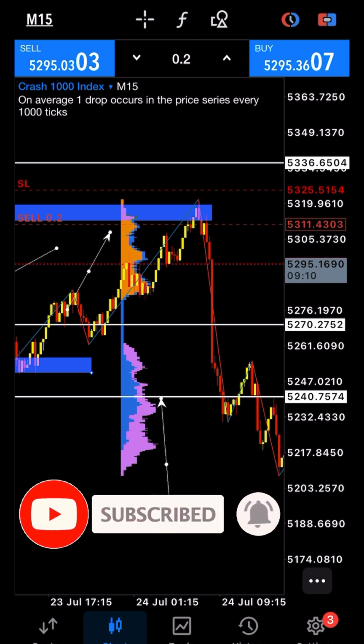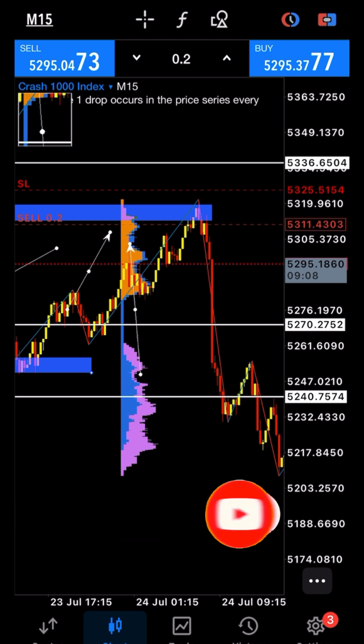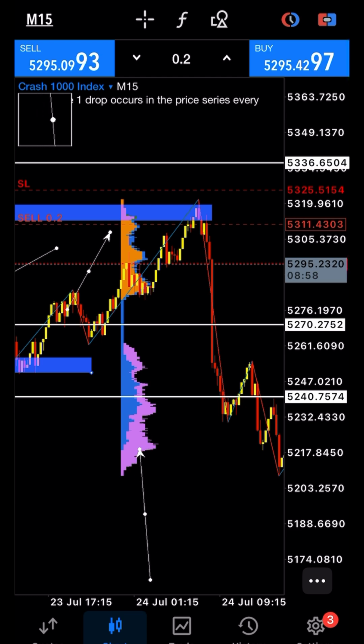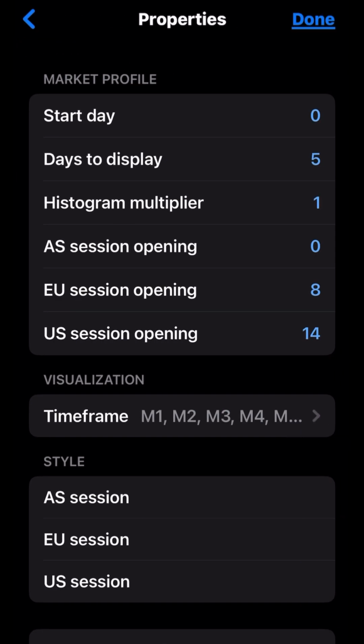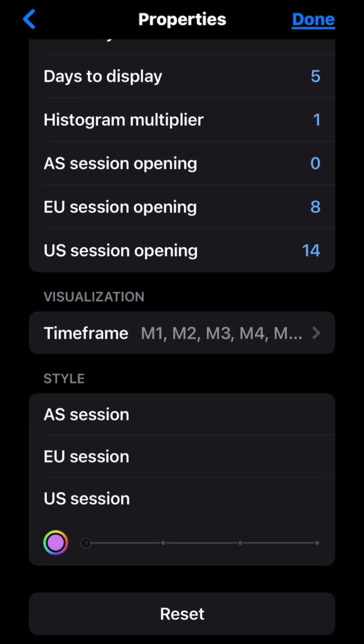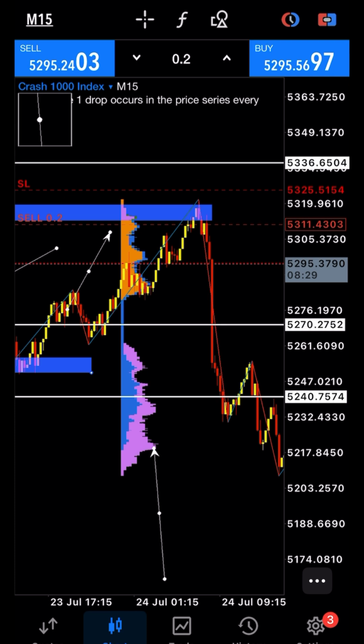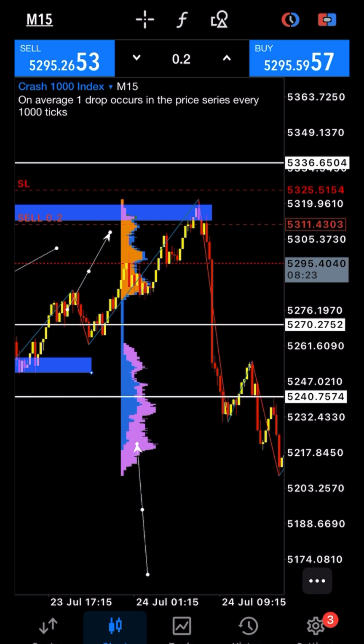If you remember, I told you that for this volume strategy, the pink is the US session, and I made you understand that the US session usually has more strength in volume.